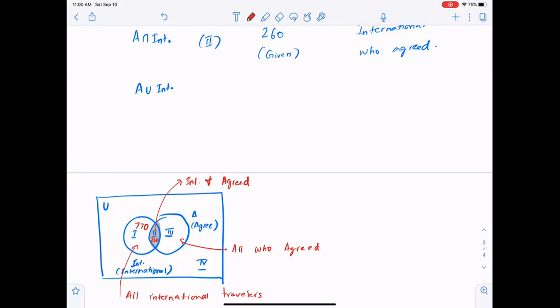So if I want to write only the count for region 1 and region 3, I have to take away 260 from the 770 that I have.